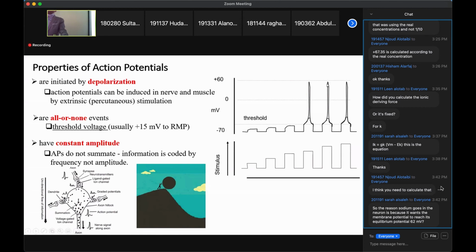There is a higher frequency in response to a stronger stimulus, but the amplitude doesn't change. And also action potentials don't add up. They don't summate in order to generate a greater action potential. These are some of the properties of the action potential.